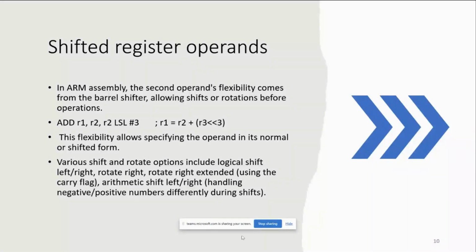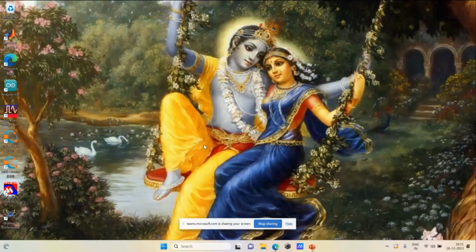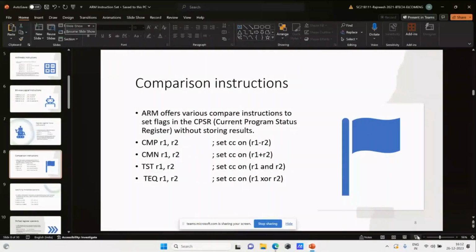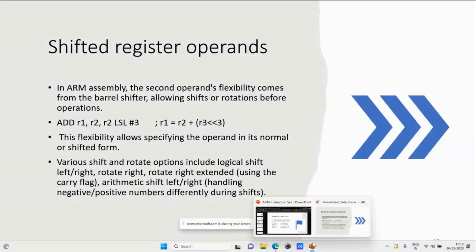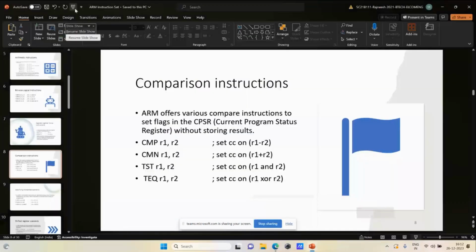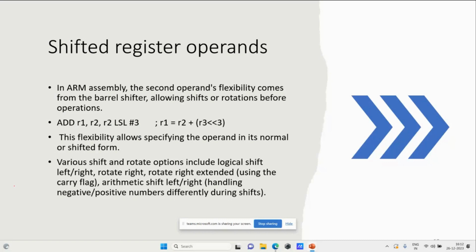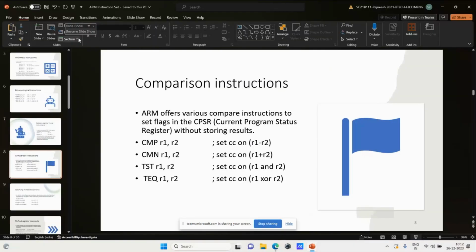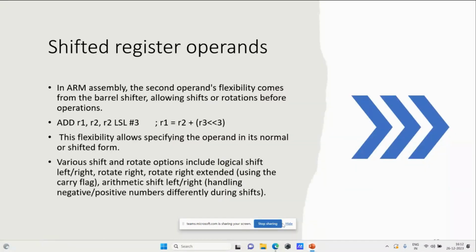So we have the AND, and we have ADD R1, R2, then R2 LSL.